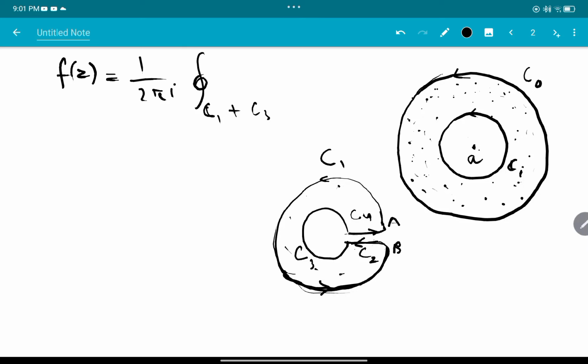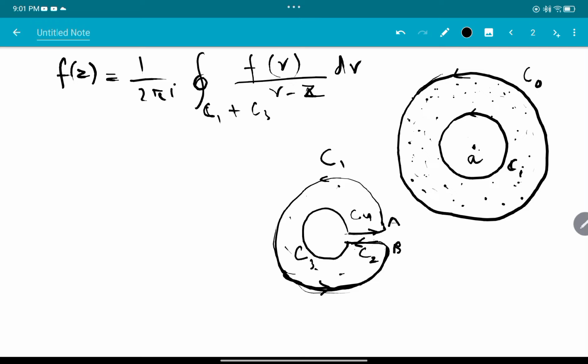C1 plus C3, and we have f(gamma), where gamma is the variable of integration, divided by gamma minus z, d gamma. That is the Cauchy's integral formula. But we have not yet fully evaluated it, because we have two curves.